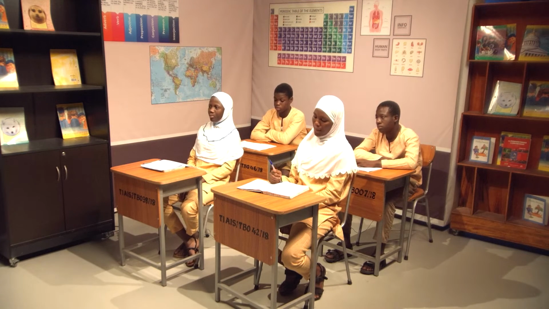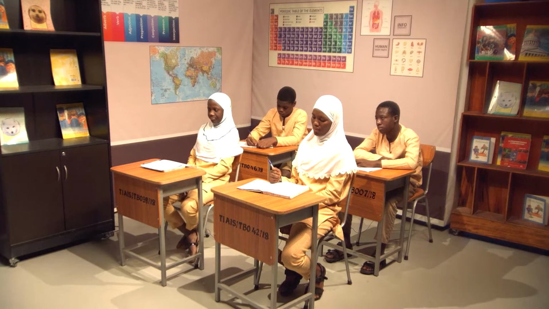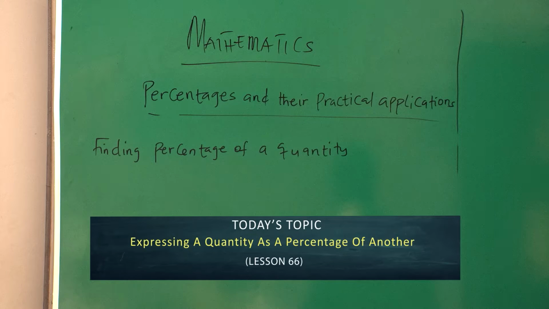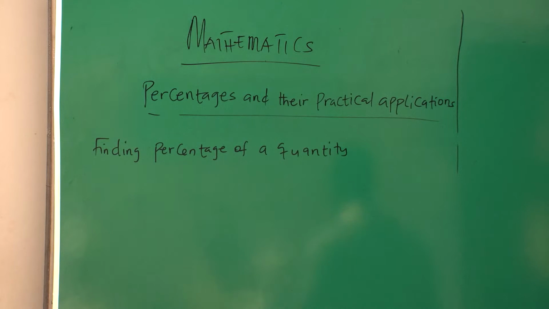So as I said, the example I gave, maybe your father gave you 1,000 Ghana cedis to go and spend. And when you went to the market, you spent 25% of that amount. So the percentage gives you an idea of the proportion that you have spent.